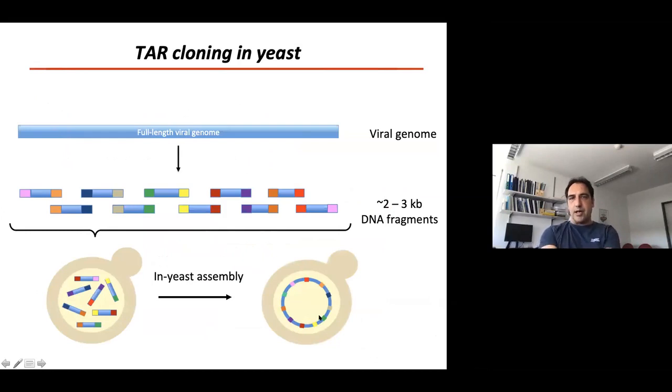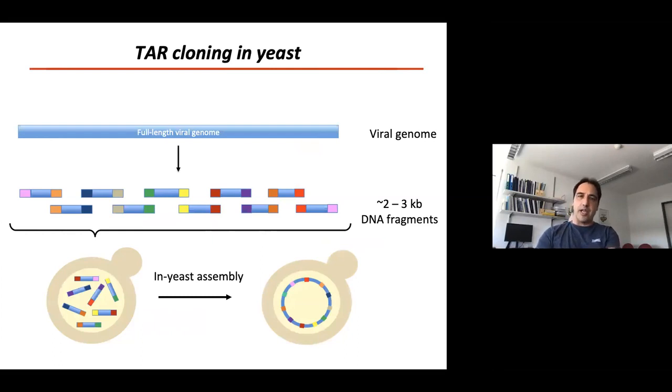What we did initially is to essentially take our viral genome, the coronavirus genome, with about 30 kilobase pairs in length, and divide that into pieces, so into fragments of 2 to 3 kb. And the nice thing with the yeast is that once you transform them with DNA that is overlapping, recombination will take place.